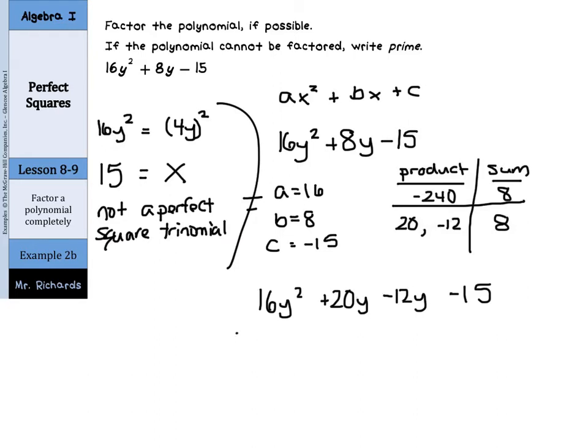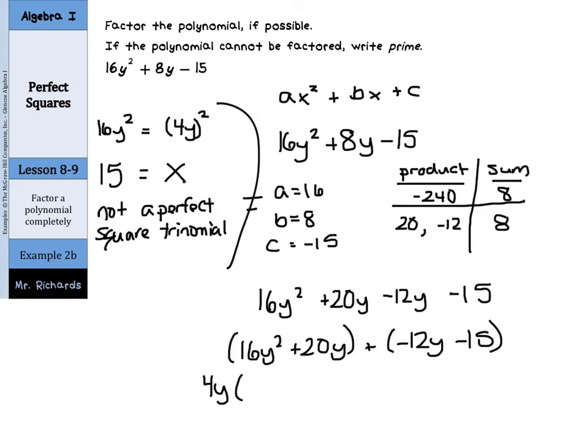So if we start off with the 16y squared plus 20y in one group, and then add that to negative 12y minus 15, I can factor out a 4y from the first, which leaves me with 4y plus 5. And then I can factor out, let's say, a negative 3 from the next one. So negative 3 times leaves me with 4y plus 5.